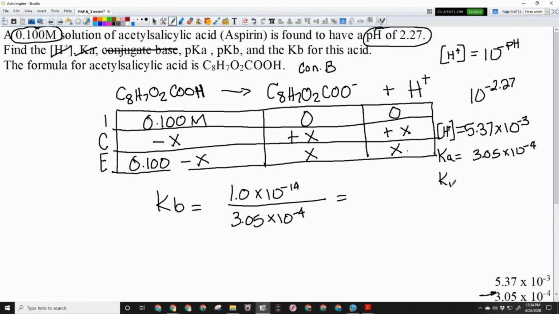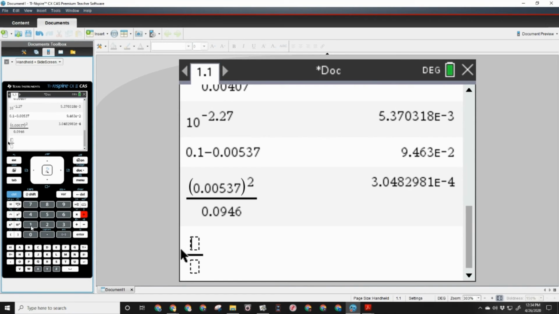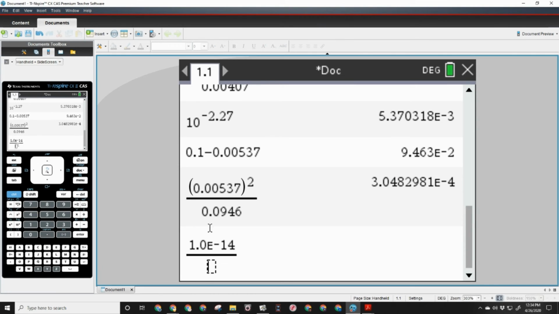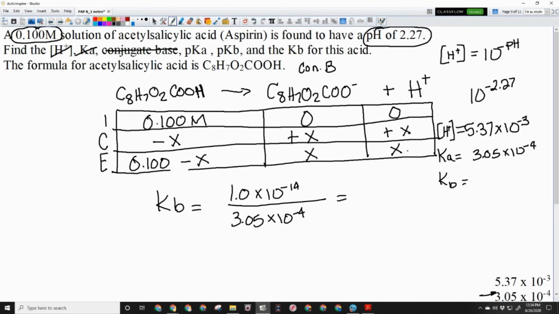So let's do that. We get 3.28 times 10 to the negative 11.